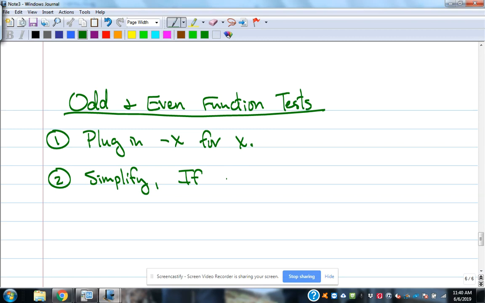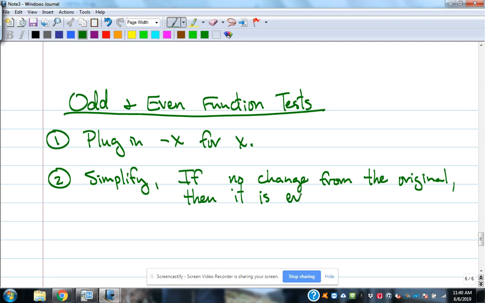If there's no change from the original, then it is even.